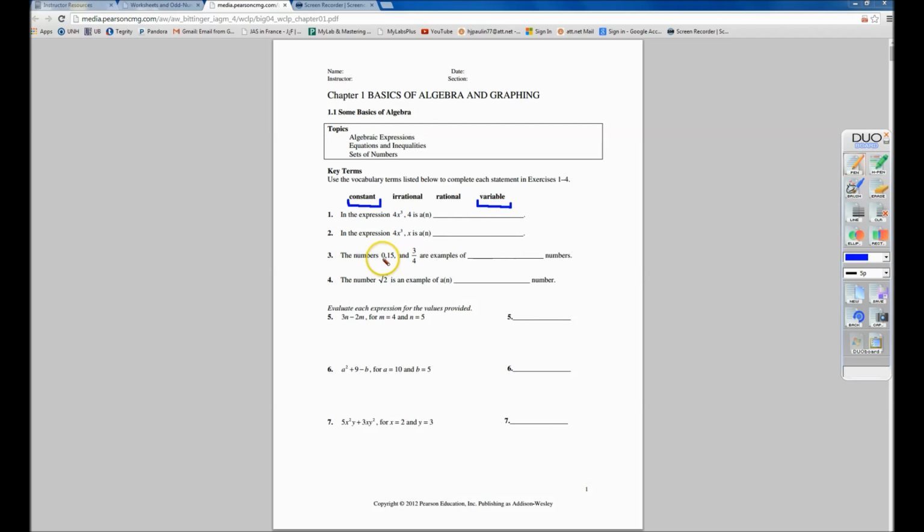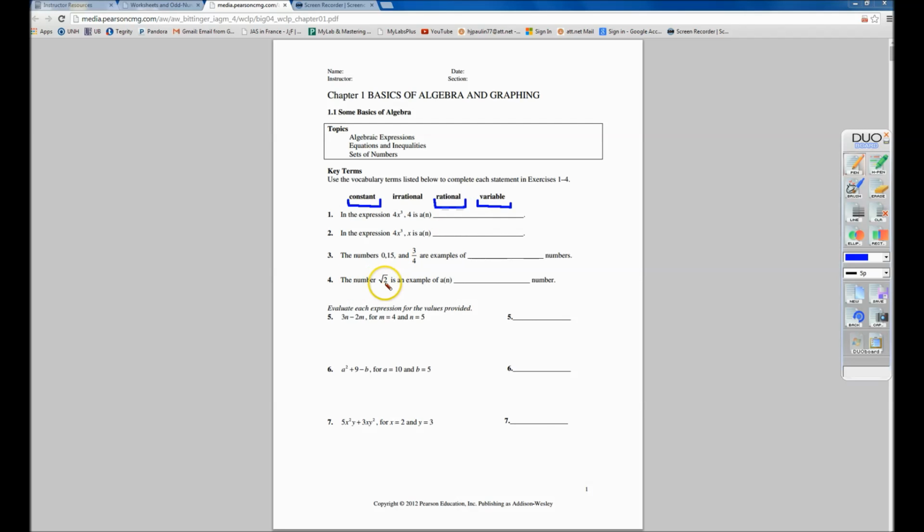In the numbers 0, 15 and 3/4, these are examples of what kind of numbers? Rational numbers.